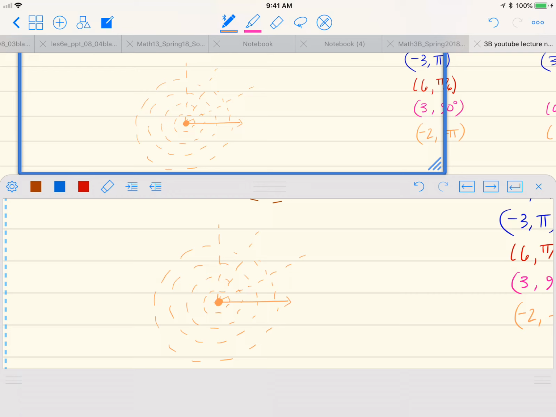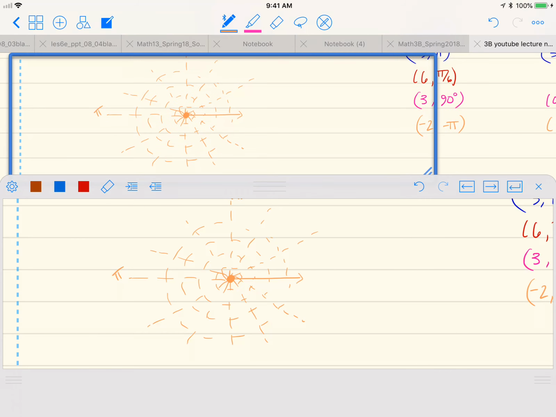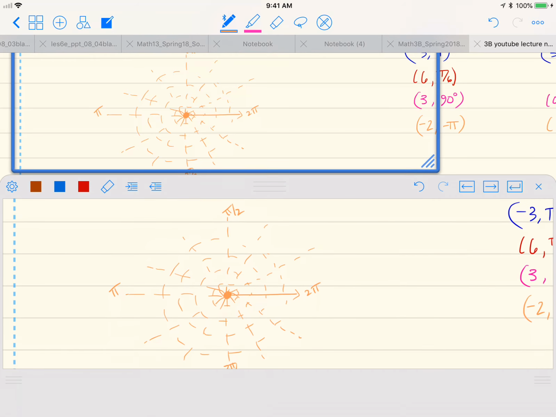It's a way of making it easy to figure out your location. So like that's pi over 2, that's pi, that's 3 pi over 2, that's 2 pi, so forth and so on.